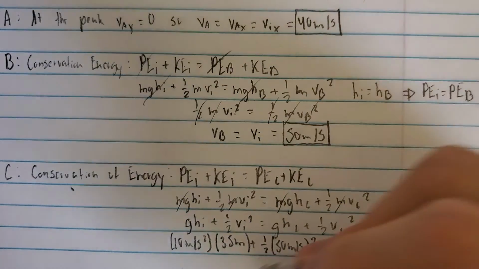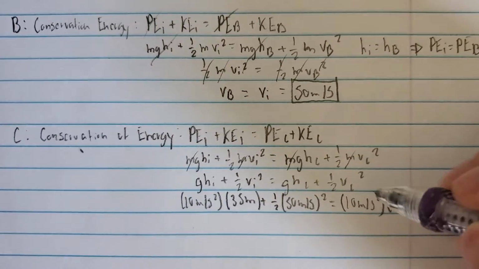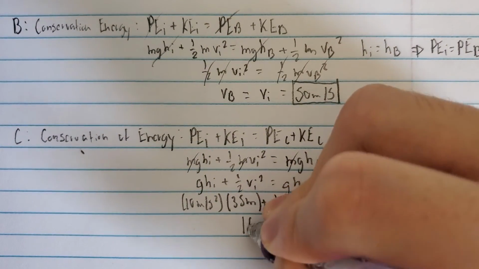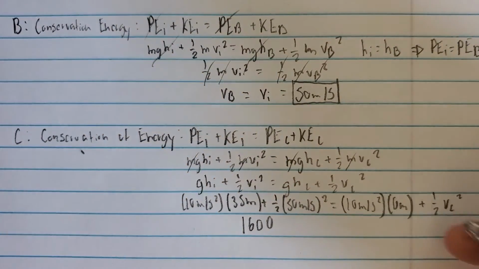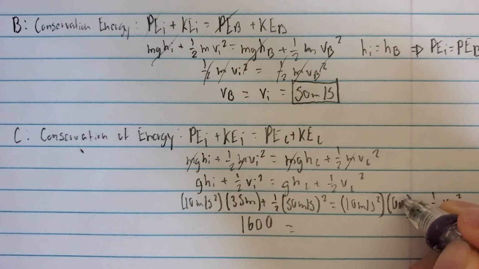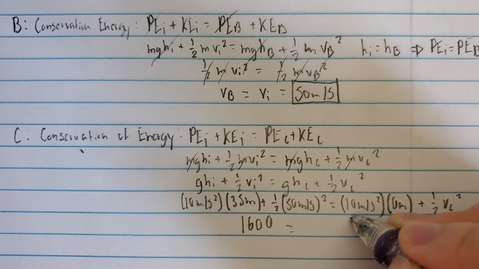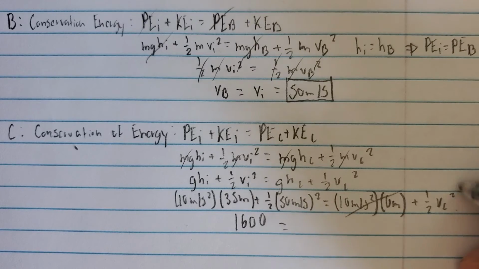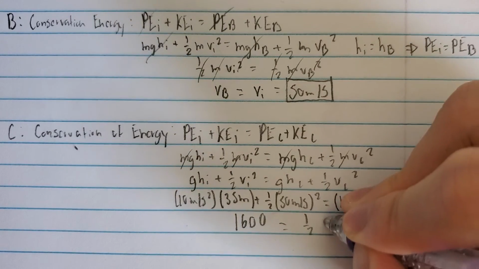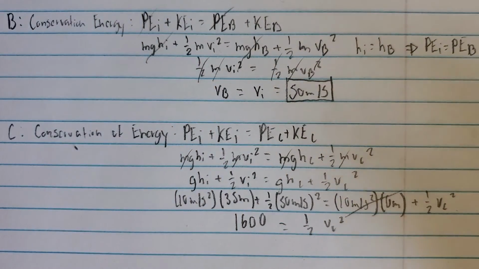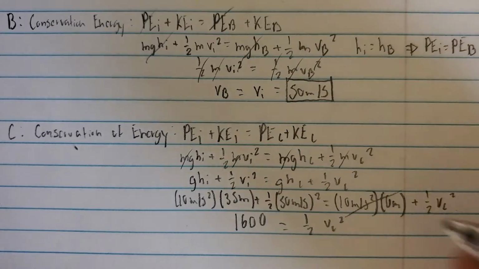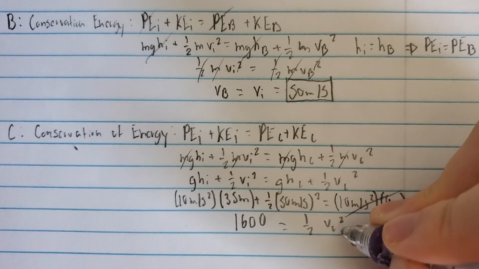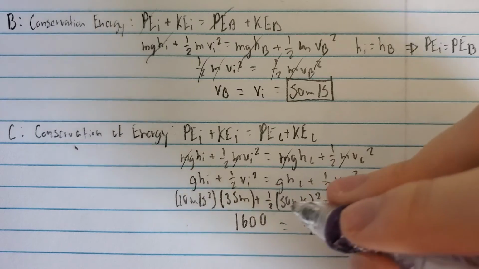Okay, so this whole thing over here reduces down to 1,600. This term cancels out because it's multiplied by 0, and this just stays the same, so 1/2 VC squared. To solve for VC, I'm going to times 2 and then square root everything.